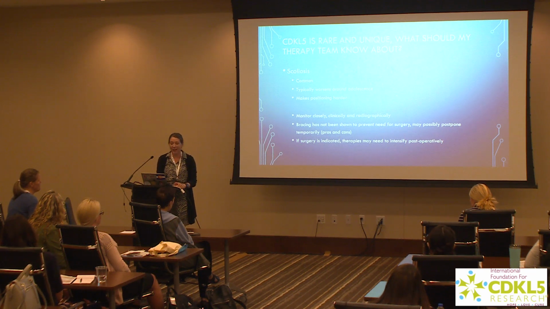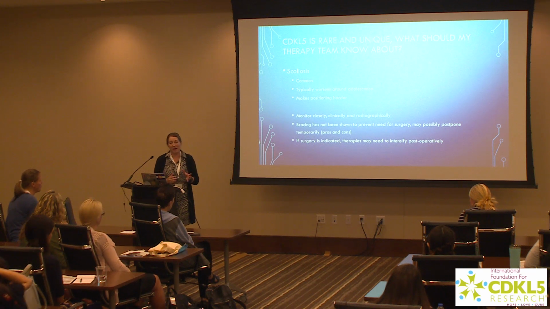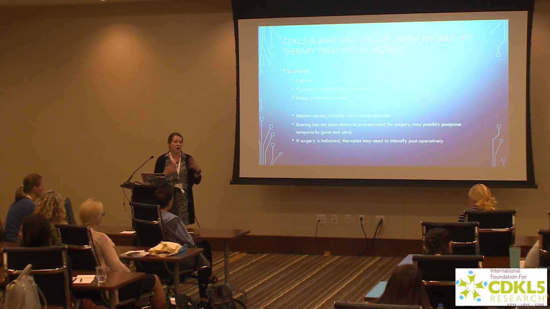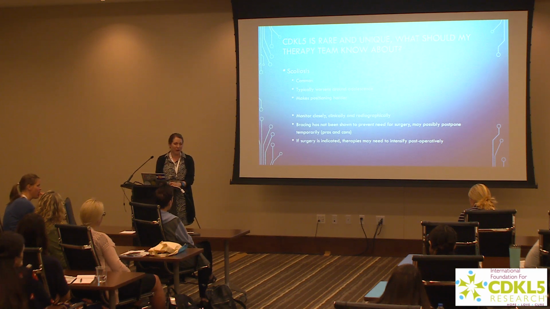Or perhaps your child is particularly healthy at that period of time and the scoliosis is progressing quickly, then you might not want to postpone surgery and take advantage of your child's healthy clinical window and do surgery and then be done. So there are different types of scoliosis surgery available now.